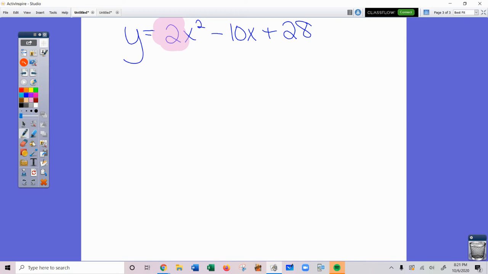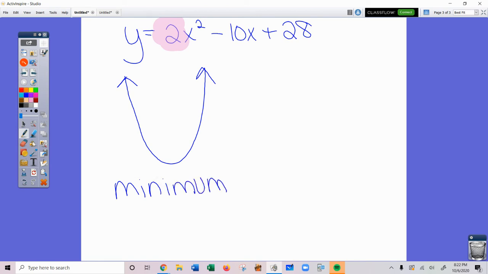So we said when our a value is positive, we have a parabola that opens up. So we know we have a parabola that's going this way, and we know that it is going to have a minimum. So we can then calculate what this vertex is by first finding the x value.